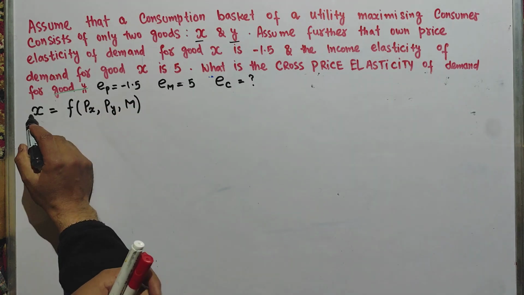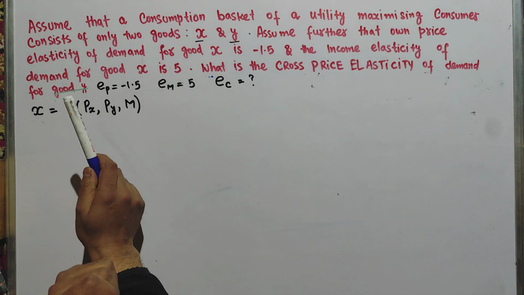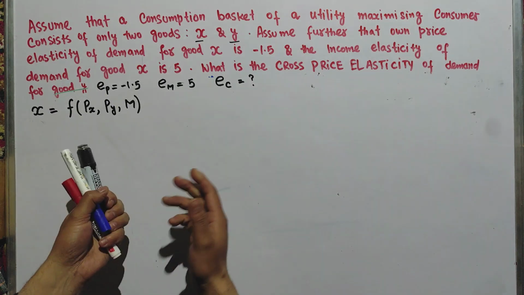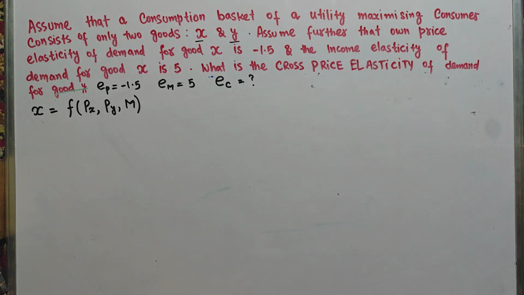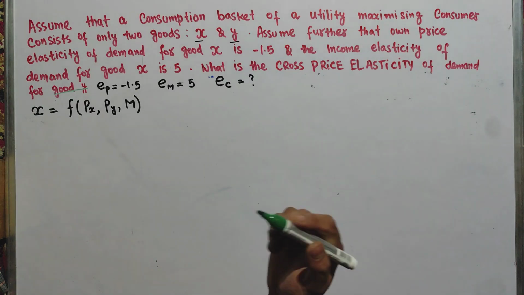We say quantity demanded of good X is a function of prices and income. When we have this kind of demand function, it is actually the Marshallian demand function.